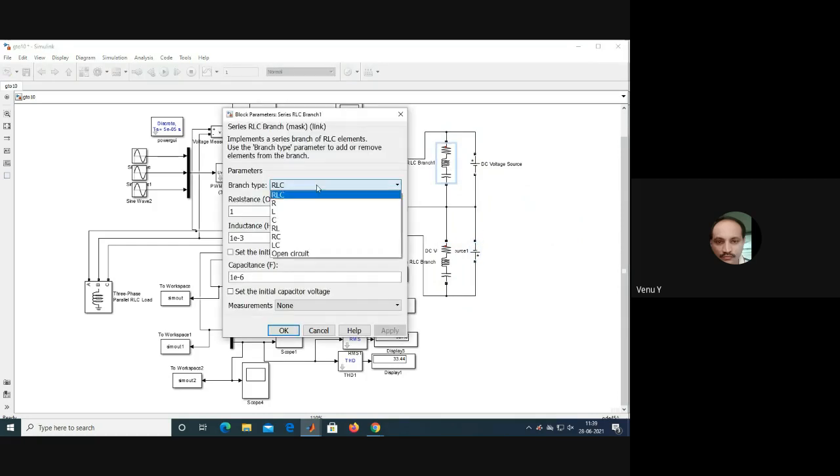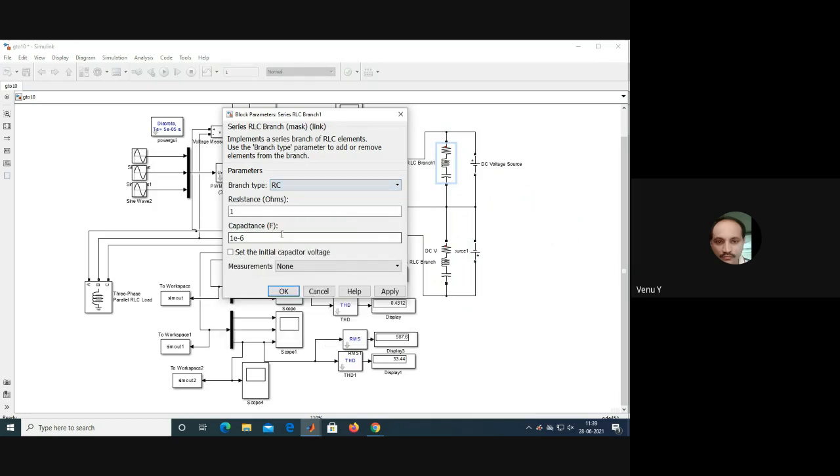Now let us use RC network to avoid error. I'm using resistance also, small resistance. Here you can use 100 microfarads. Set initial charge of 200.